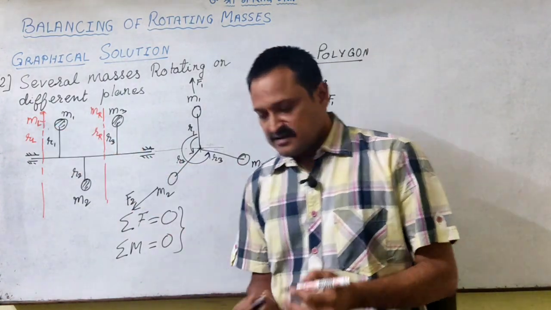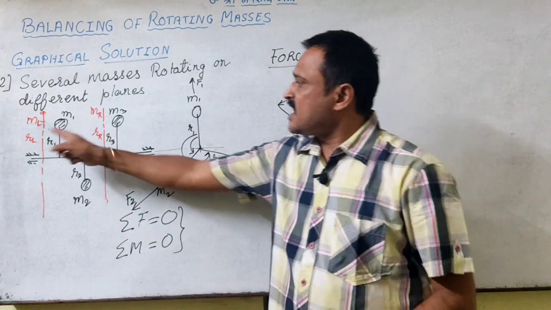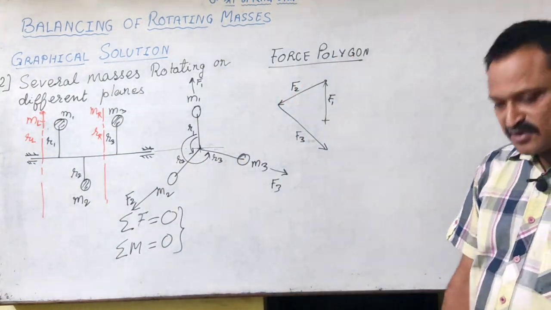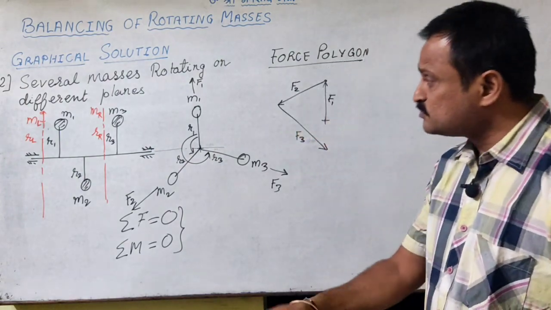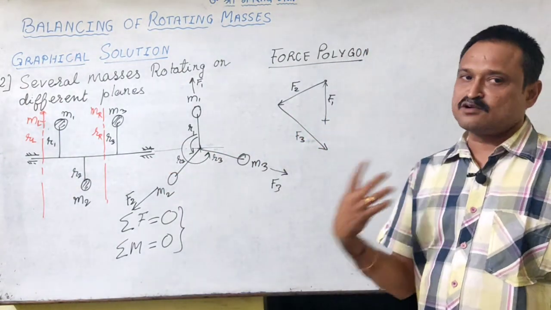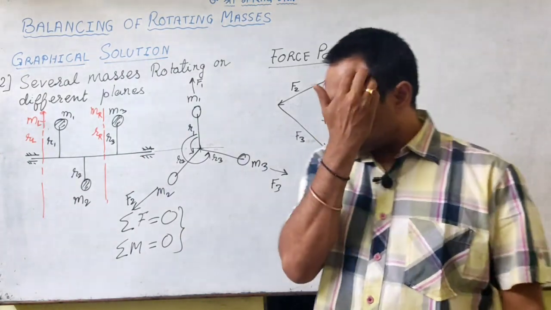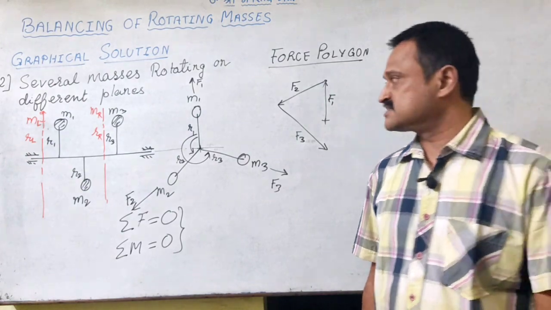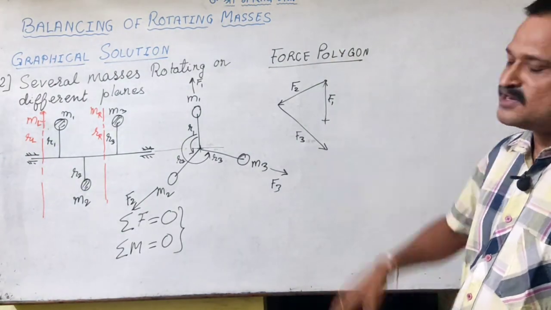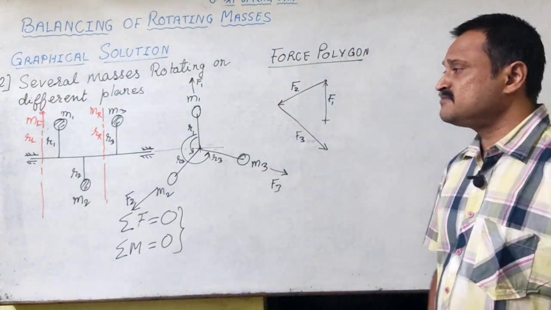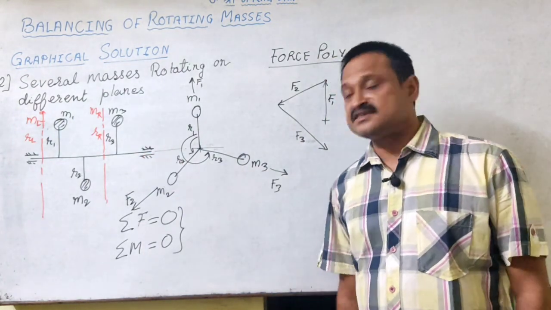But here the forces due to MR and ML both are unknown to me, so I am not in a position to draw these two vectors right now. So as if there are two unknowns in a single equation, so I am unable to find out the solution for this. That means force polygon is not going to give me the solution right now in this case.